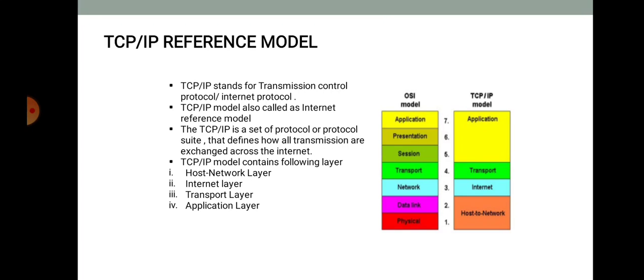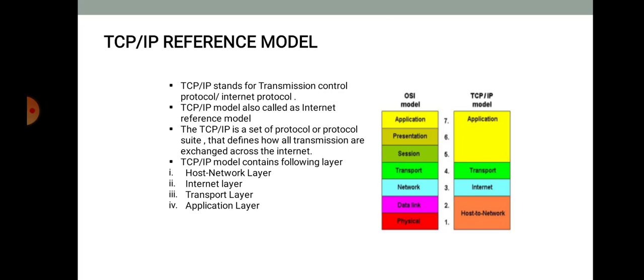TCP/IP is a set of protocols, a protocol suite, that defines how all transmissions are exchanged across the internet. This is called the TCP/IP protocols. The TCP/IP model contains four layers.